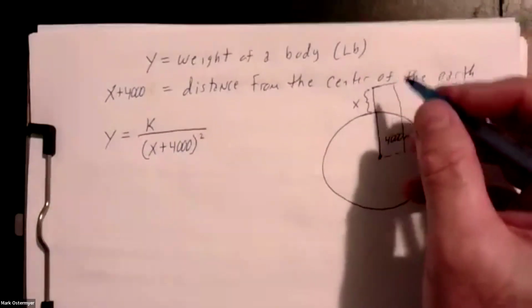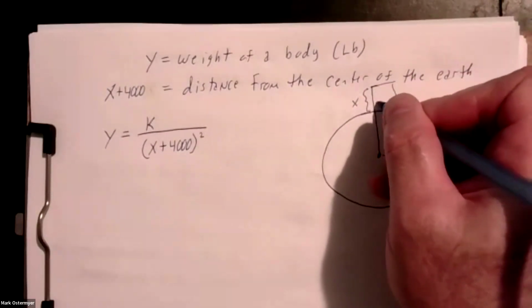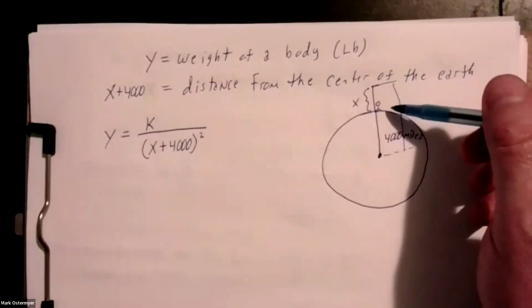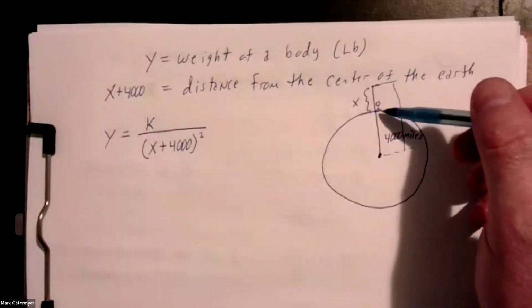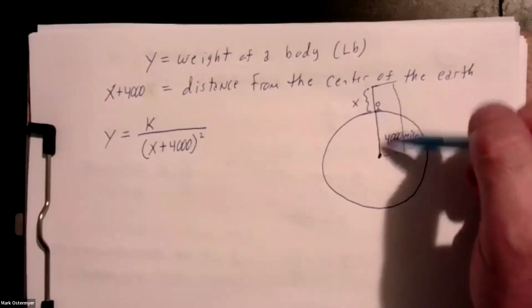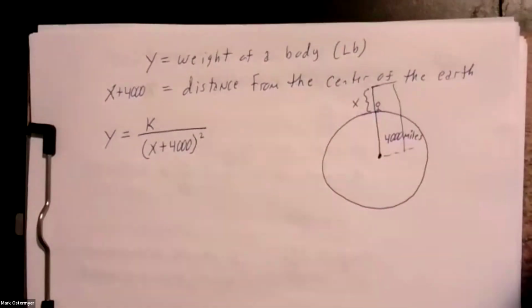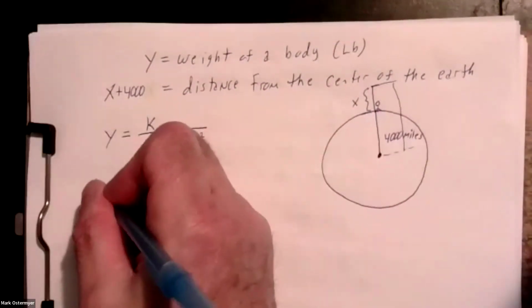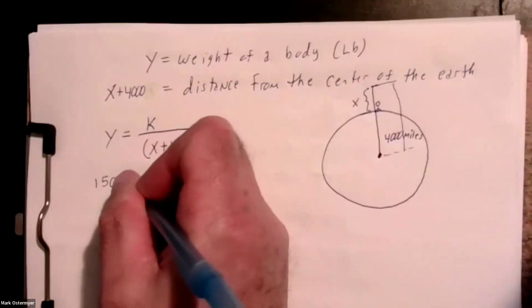Well, if a woman weighs 150 pounds on the surface of the earth, how far away is she from the center of the earth? If she's standing on the surface of the earth, she's 4,000 miles away from the center, correct? So we can use this data to find K. The woman weighs 150 pounds.